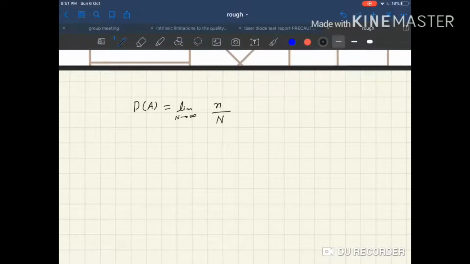Okay, so this is called the relative frequency.